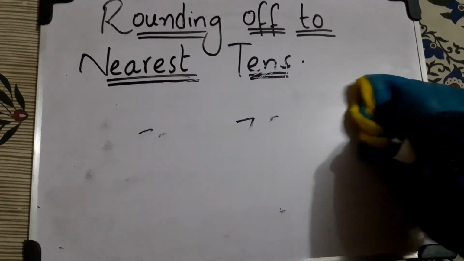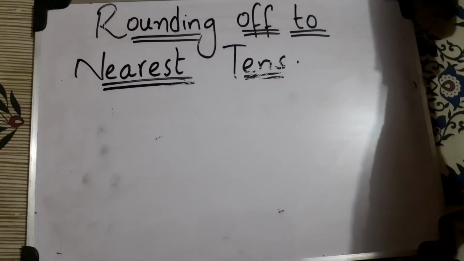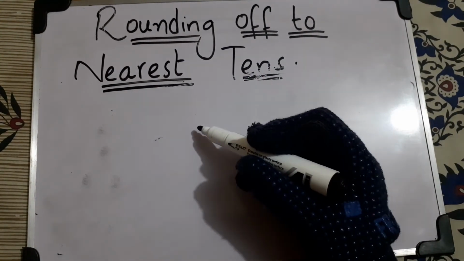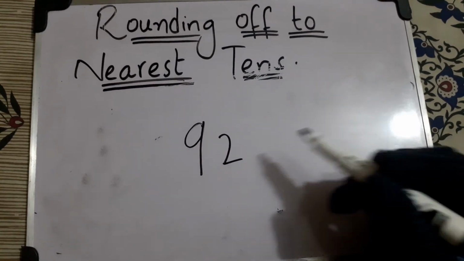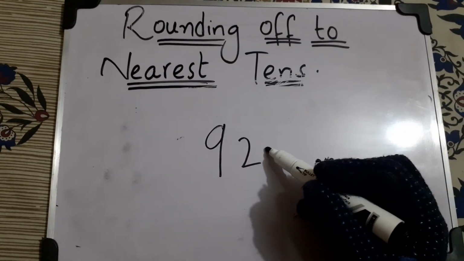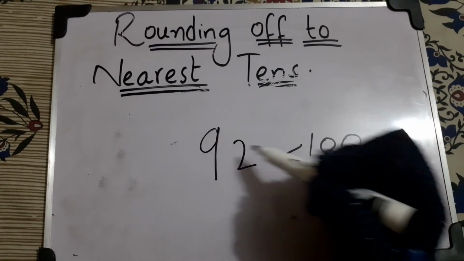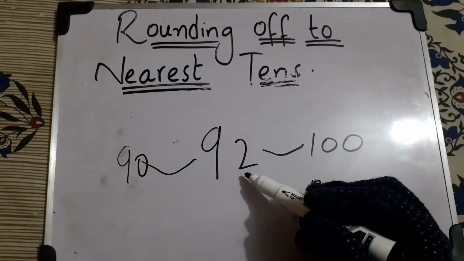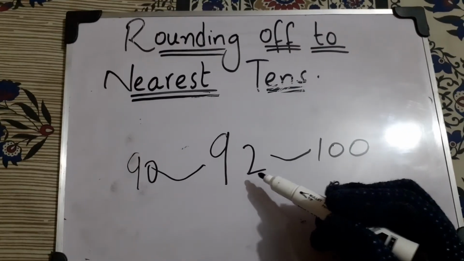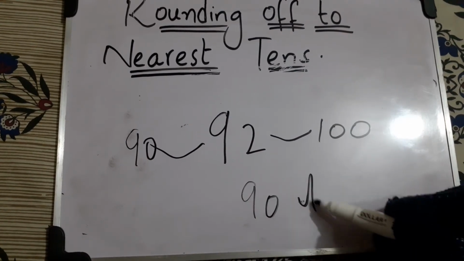Just like this, if you have the number 92, you have two options, 100 and 90, because obviously after 90 there is no tens number, 100 comes. This digit is smaller than 5, so it will go back, so the answer will be 90.